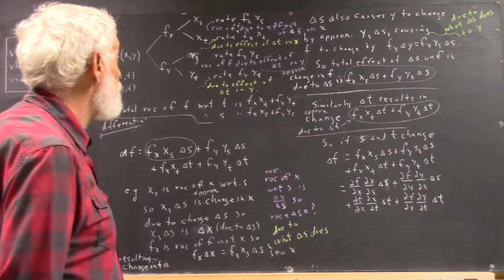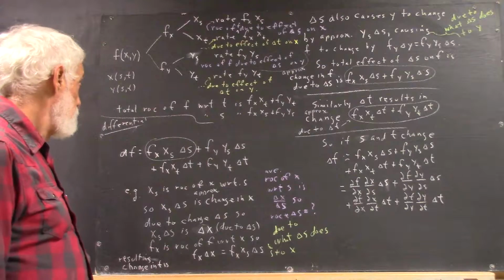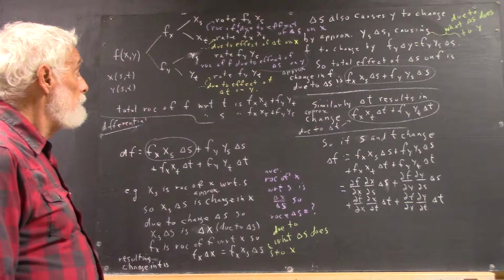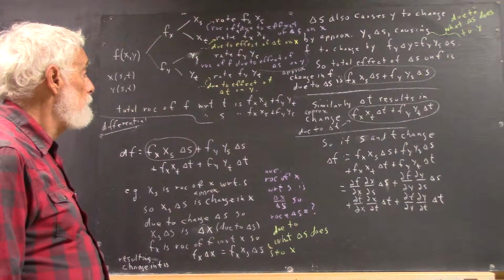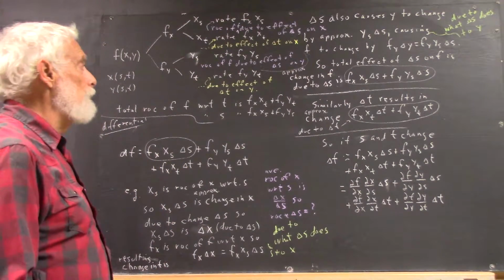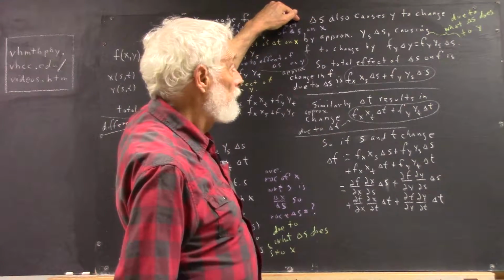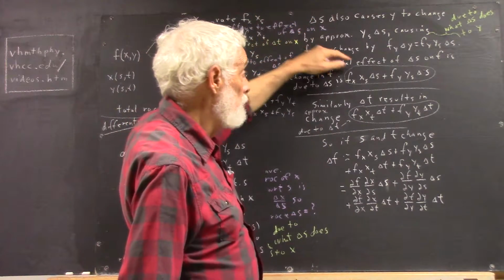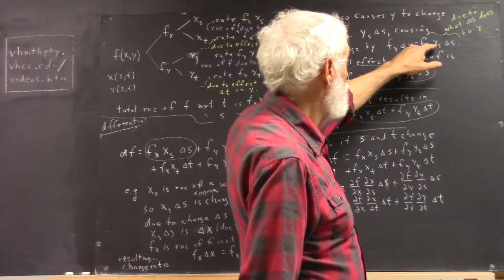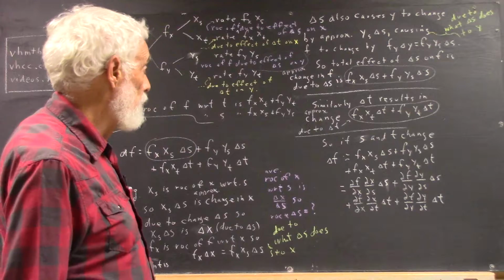Now, delta s doesn't just change x, it changes y as well. Okay, so I didn't go in the direction I anticipated. Delta s also causes change in y, same argument. So you've got an f_y y_s delta s here, just like you have an f_x x_s delta s here.